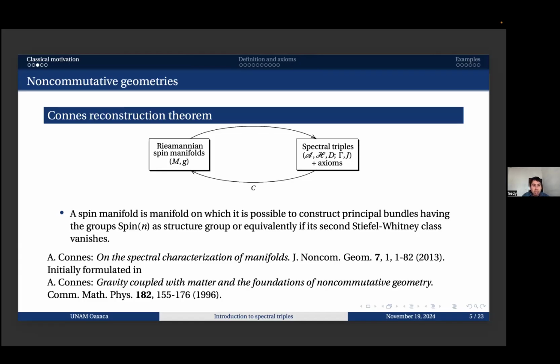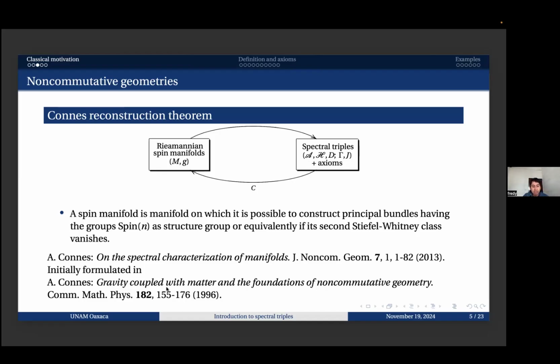So this is the famous Connes reconstruction theorem, which says that from a commutative spectral triple we can construct a corresponding Riemannian spin manifold where the algebra A is the C infinity functions, the smooth functions of the space.